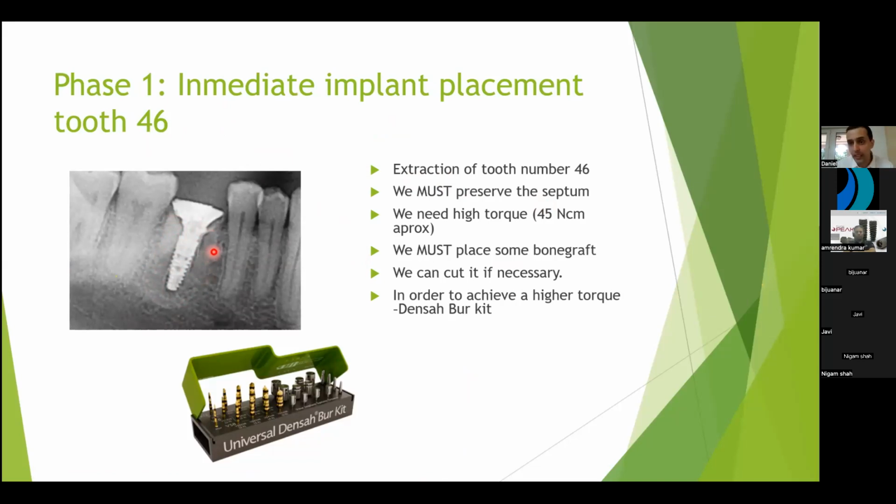I always do it in every single case, but when you want to place a customized healing abutment and you want to put composite all around the abutment, if you don't have, obviously, something to hold this composite, it will drip down the socket. So we will not like that. So it's mandatory to put some xenograft or some grafting on the area in order to avoid that.